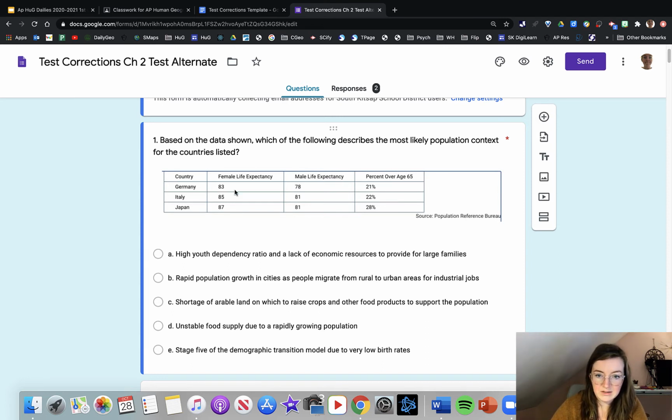Well, I'm looking at this. I see life expectancies look pretty high, and I see the percentage over age 65 looks pretty high, like a quarter or a fifth of the people. That's a lot. But I messed that up because I got it wrong.